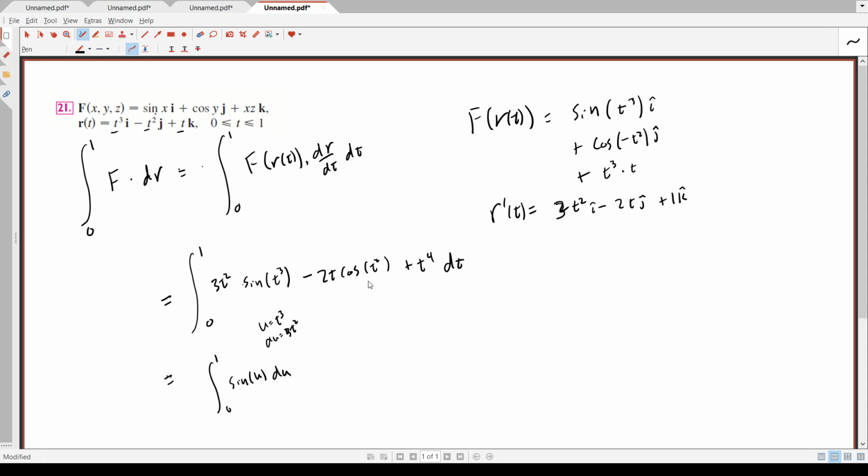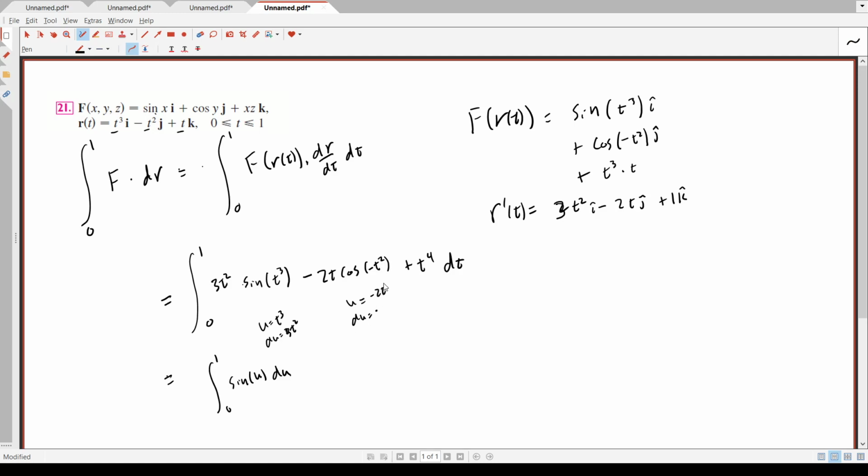Then here, actually, I could have left that as negative. That probably would have worked out better. Let me leave that as negative, because the derivative of that is just minus 2t. So if I do u equals minus t squared, du is the same thing.